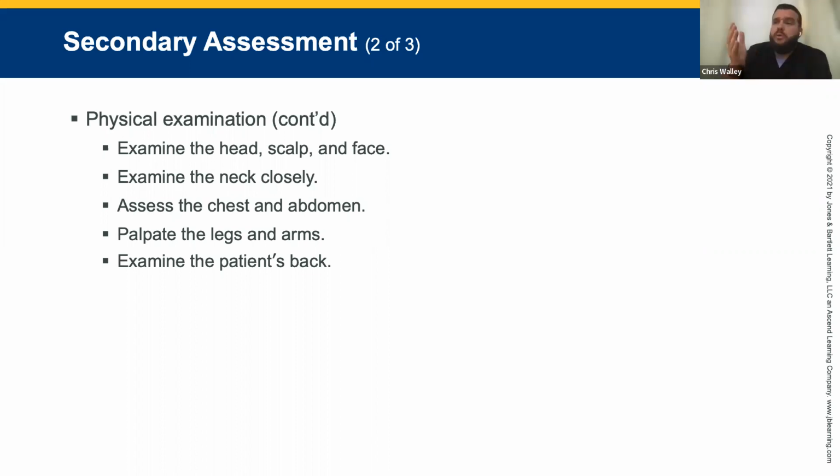Once you log roll them, you want to assess that in detail. And then once you put them on a backboard and secure them, you're really not going to be able to move them again and check the back for any changes. So that's a one and done show. But when you get down to the head, scalp, face, neck, chest, abdomen, arms, and legs, you're going to do a DCAP-BTLS for each individual area.